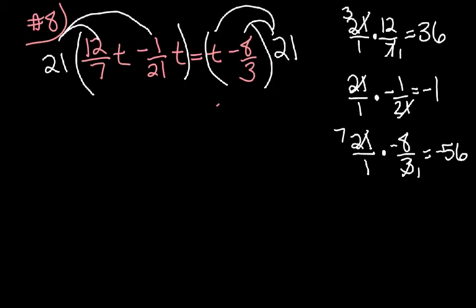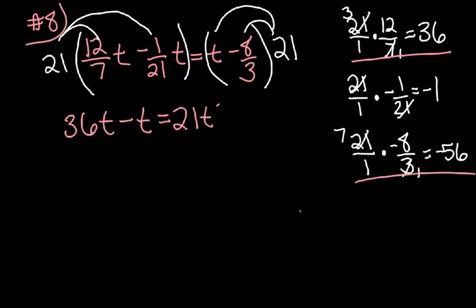So 21 times 12/7, again, was 36, so I'm going to have 36t. 21 times 1 over 21 was just 1, so minus t, equals 21t, and 21 times negative 8/3 would be negative 56. So I have a new equivalent problem, but I don't have to deal with fractions anymore.